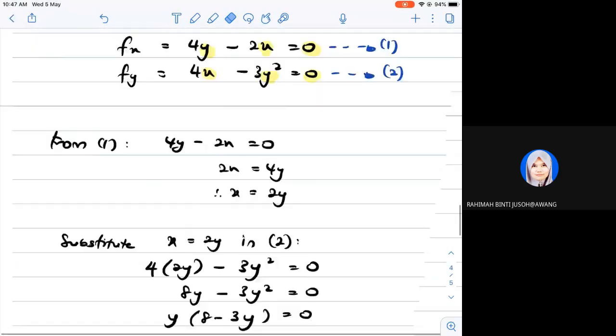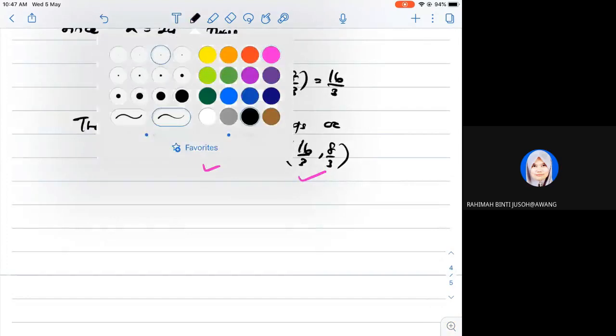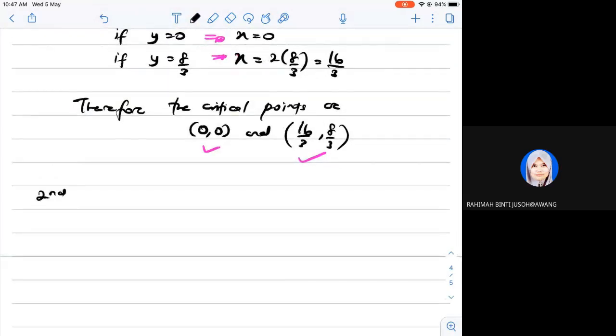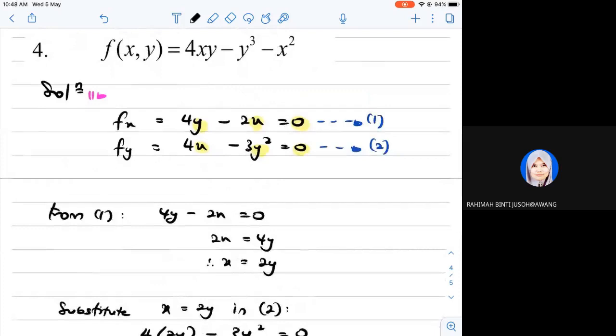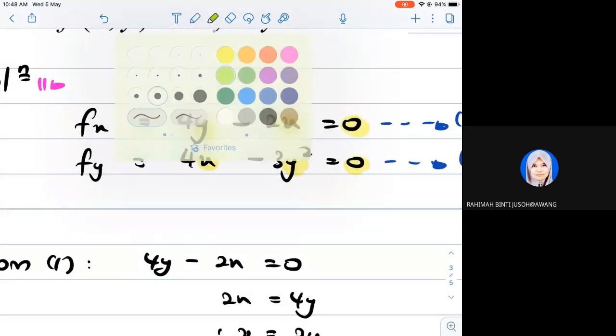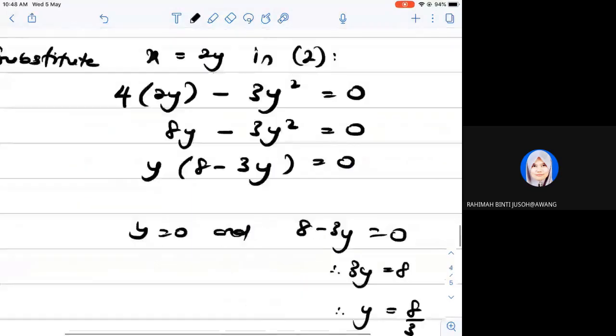Alright, so jom kita proceed. Second step. Find fxx. Okay, fxx equals to, differentiate again this with respect to x, you will get negative 2 kan.